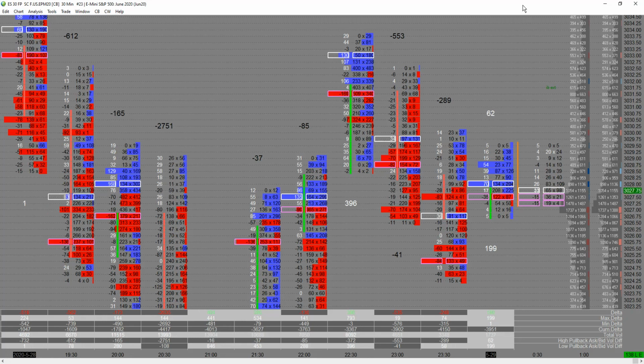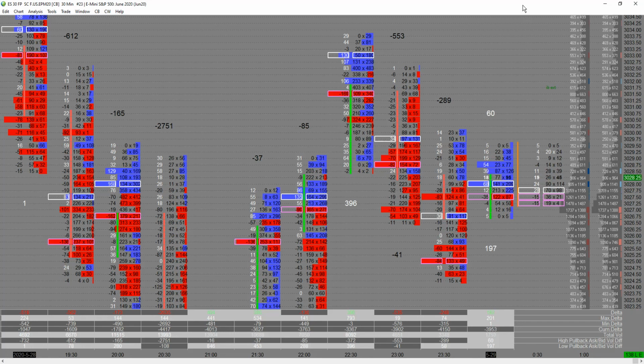The way it works is I want to see the aggression from one edge of the candle to the other. At the bottom, it tells me from the newest low we had, which was 30.2675 in this same candle, we had 197 delta positive, meaning that buyers were a bit more aggressive compared to sellers from the top.